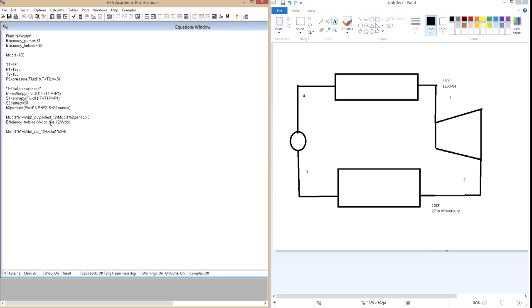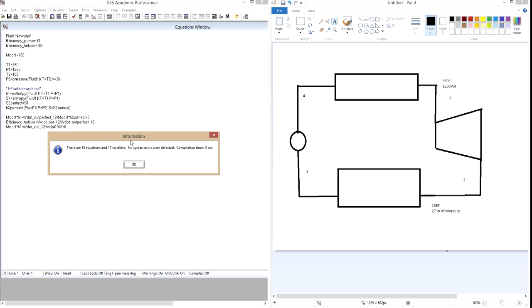I'm going to divide it by W dot out perfect 1, 2. So now I have W dot out perfect, and I have an efficiency I've defined at the top as 0.8. I'm getting W dot out 1, 2. Now I'm putting W dot out 1, 2 into this equation. I have H1, and I have an m dot 1 that's fake up there. I can solve for H2.